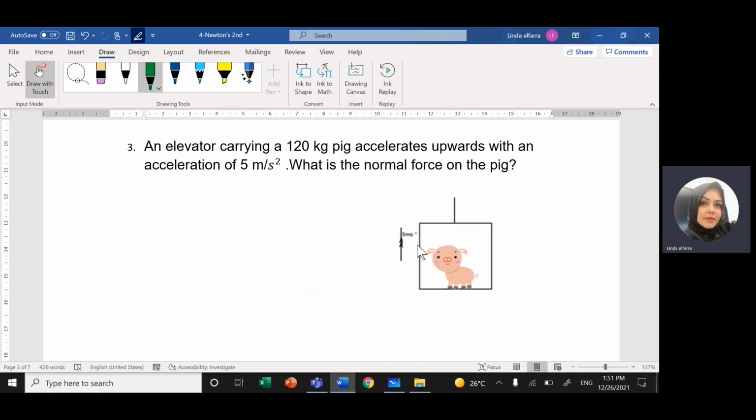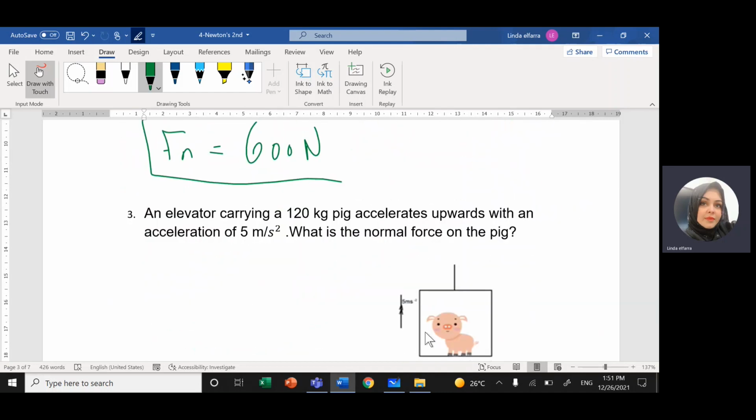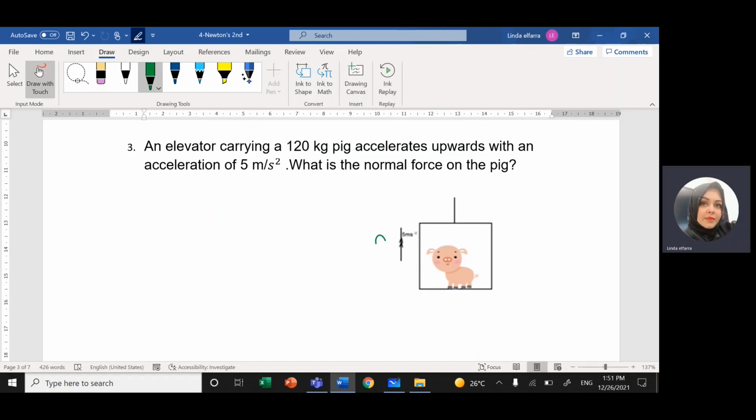Now this question is the same as this one, but here the elevator is moving upward. So the direction of motion is upward. I have Fg down, which is 1,200 Newton, and I have Fn. In this case, Fn is in the direction of motion, so it is positive.